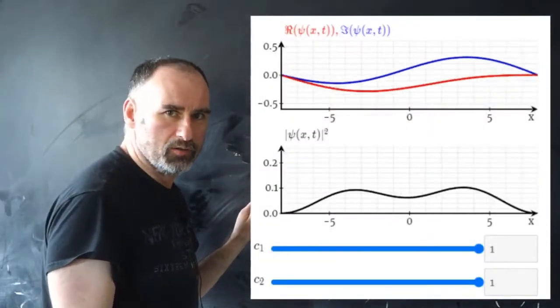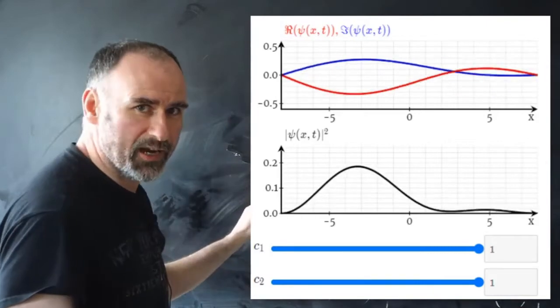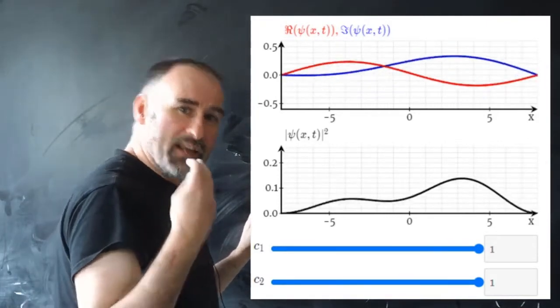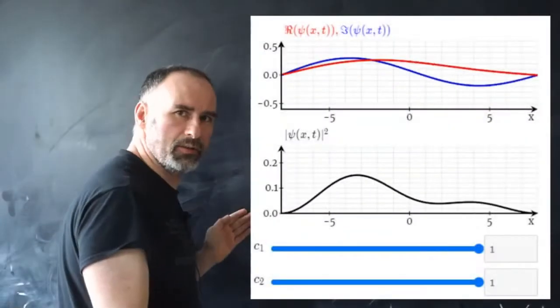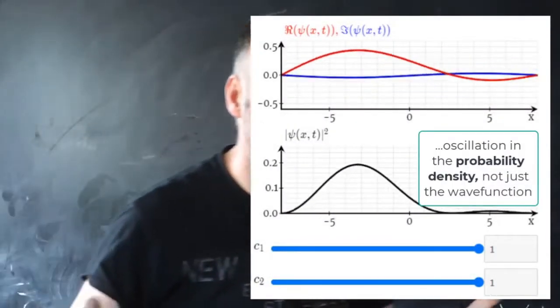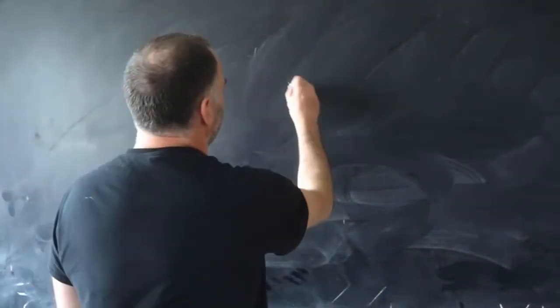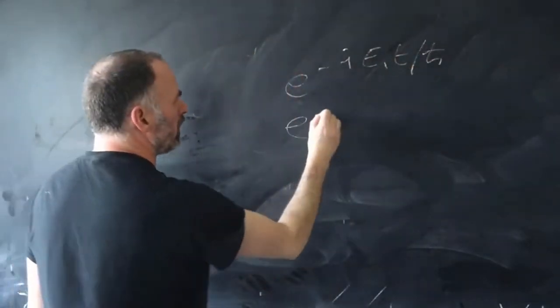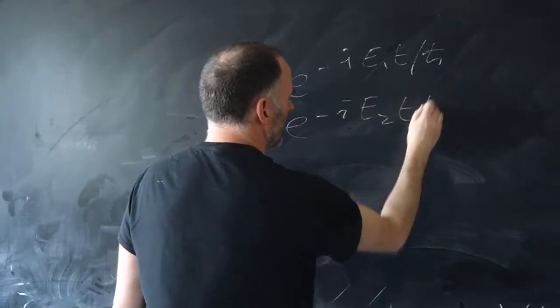let's add in another eigenstate. In this case, we'll add the second one in. And let's run it. What do we see? Now we see oscillation. With this simulation, now we have two different eigenstates, but what's absolutely critical is that those two eigenstates have different rates of oscillation between real and imaginary. In one case we've got e to the minus i E1 t over h bar, and for the other one, e to the minus i E2 t over h bar.